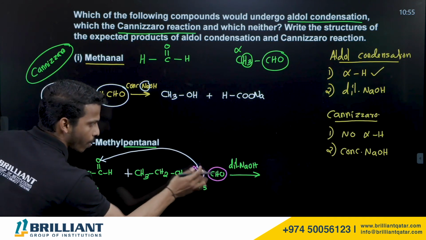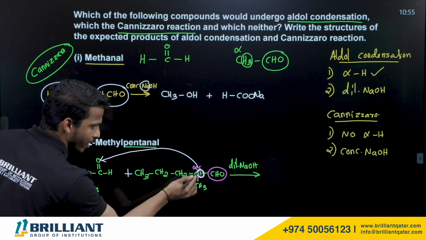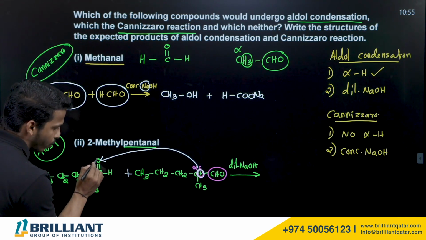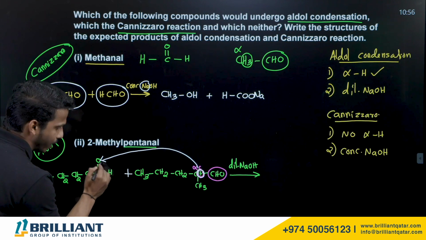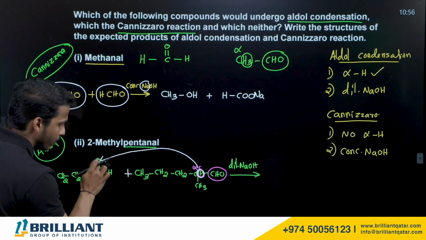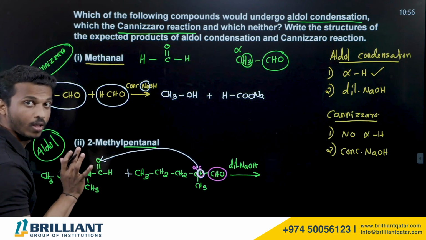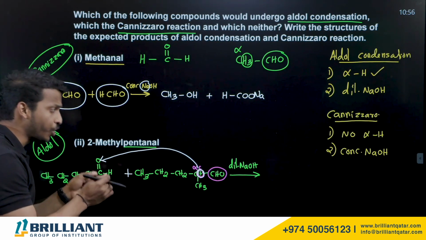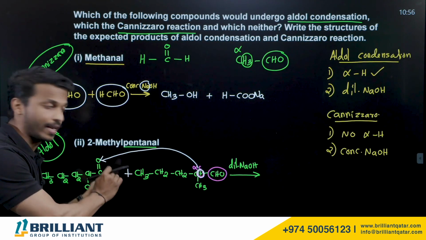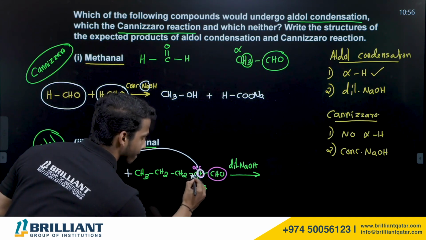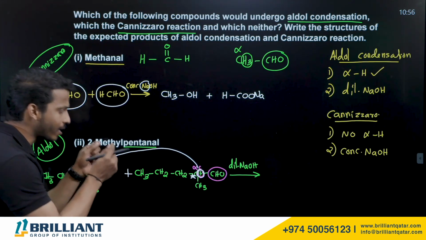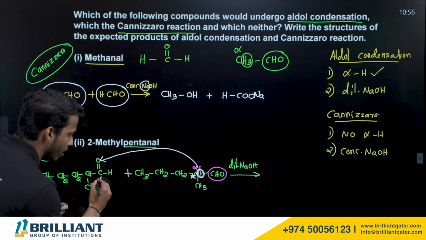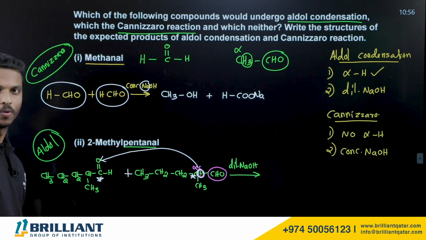If this hydrogen reaches the oxygen, the O becomes OH, an alcohol. Then one more step: from which carbon did you transfer the hydrogen? This carbon. That carbon you have to connect with the aldehyde carbon of the first compound.